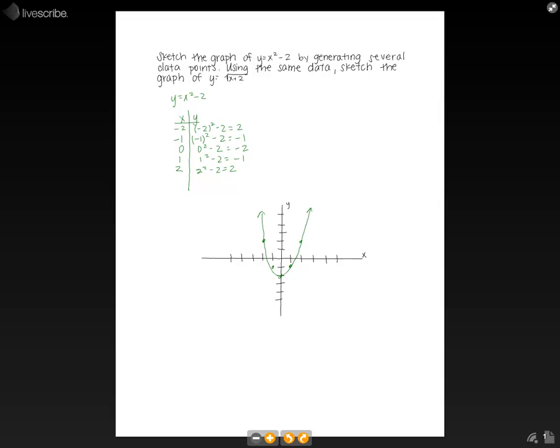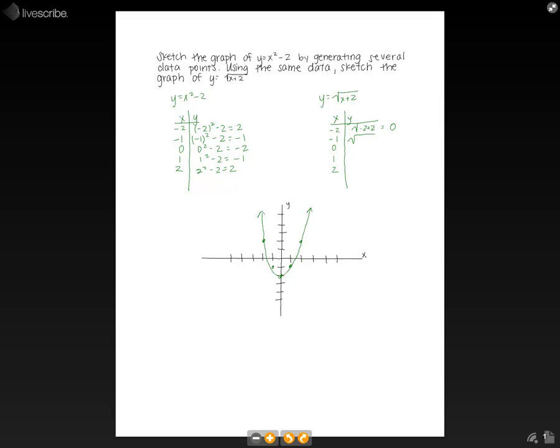So now let's graph our y equals square root of x plus 2. So we're going to make our xy table and use our same points, -2, -1, 0, 1, and 2. So if we have the square root of -2 plus 2, we would have square root of 0, or 0.